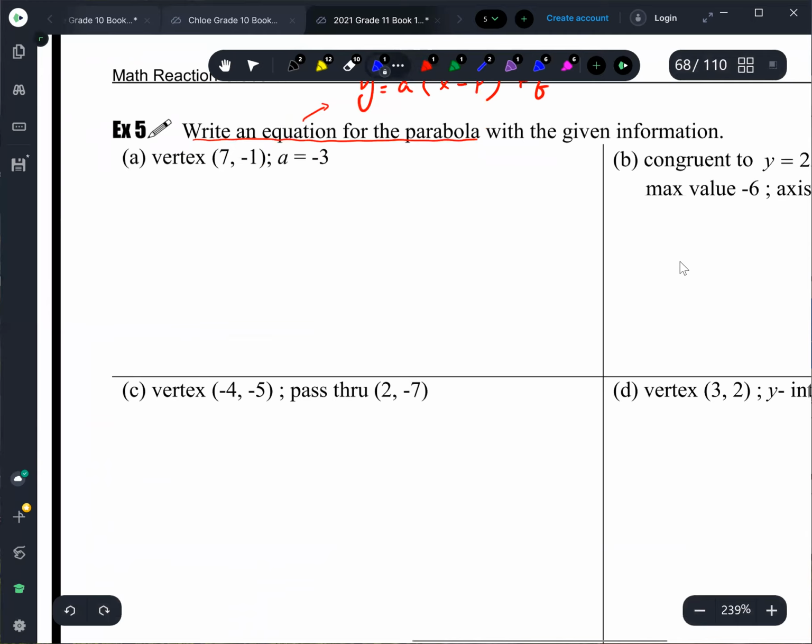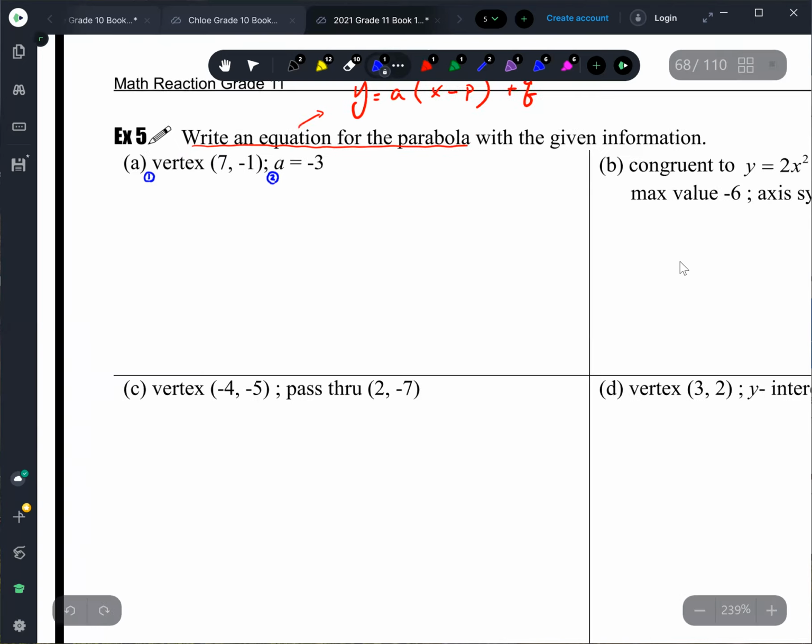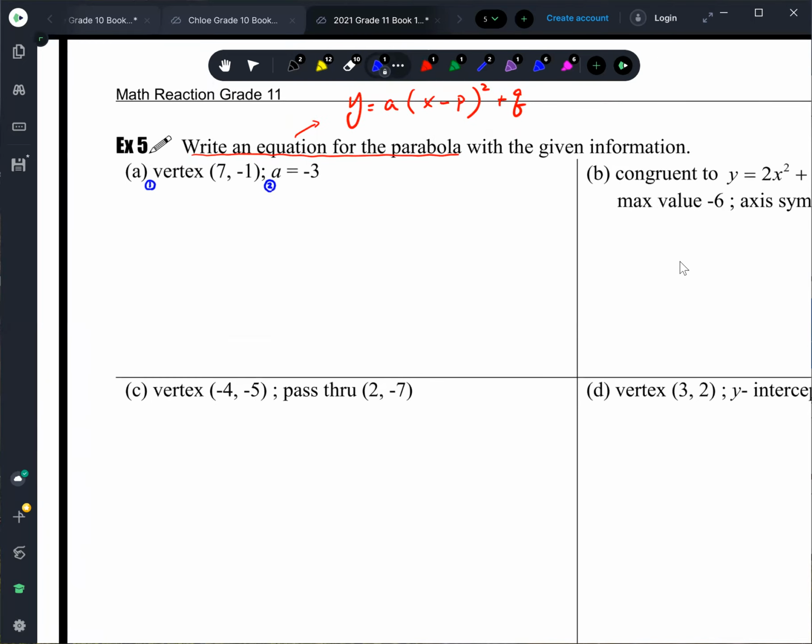It tells you the first clue, the vertex. It tells you the second clue, the a has to be -3. Okay, pretty straightforward, right? So you just think about what they mean in the equation and how do we write out the equation. I'll give you a minute to think about this.